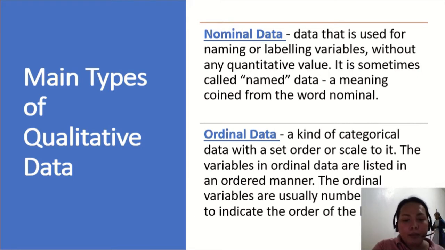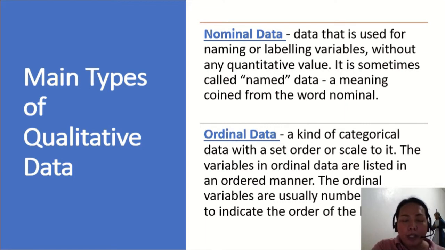It is sometimes called named data, a meaning coined from the word nominal. There is usually no intrinsic ordering to nominal data. For example, race is a nominal variable having a number of categories, but there is no specific way to order from highest to lowest and vice versa.